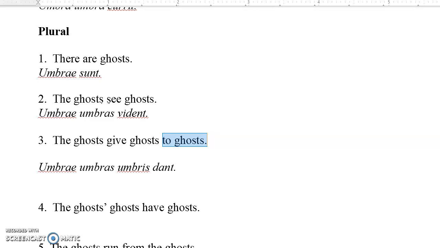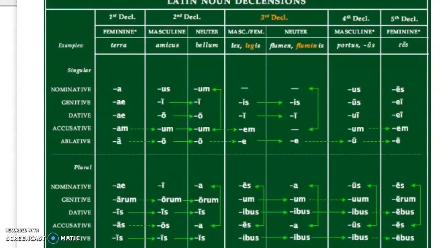So let's go back and look at the chart here. This actually might be a good one to end on for today, as a matter of fact. So the ghosts, umbrai, right? So we're talking plural. Umbrai, the ghosts, give ghosts, umbras, to the ghosts, umbris, so is.